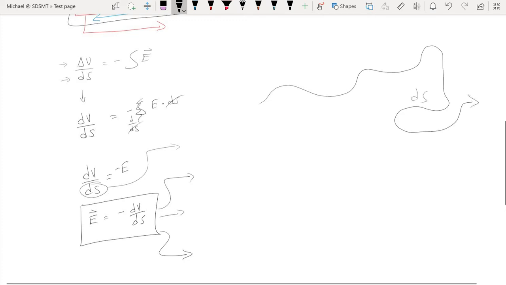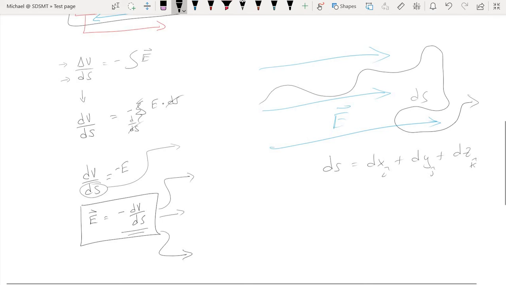So ds, we can travel through some region of space that has electric field lines, but ds can travel in the x direction, it can travel in the y direction, it can travel in the z direction. So ds can have infinitesimal components in every direction of Cartesian space.